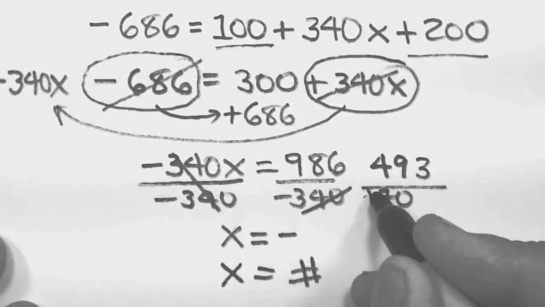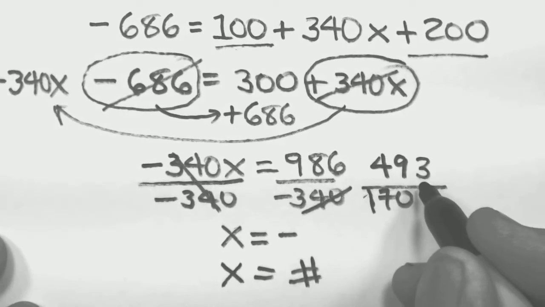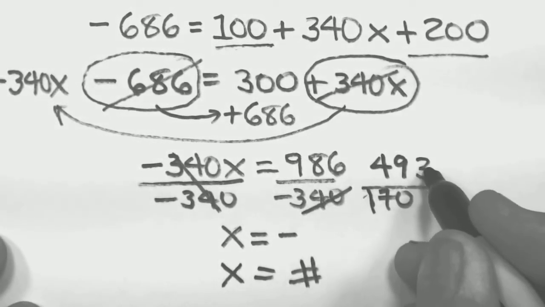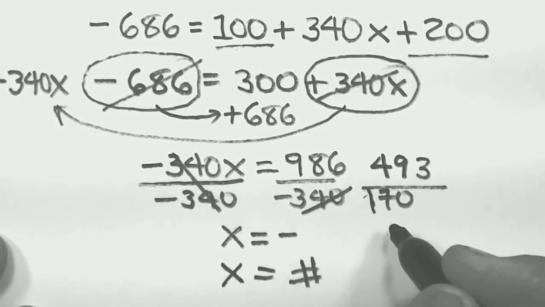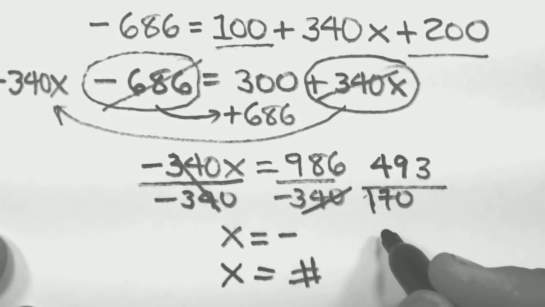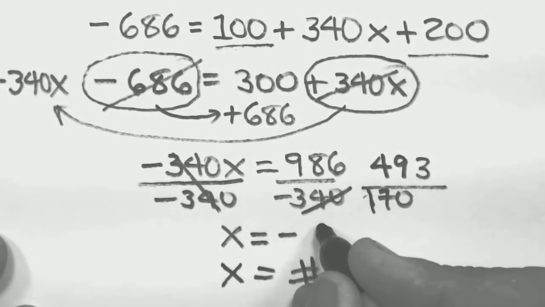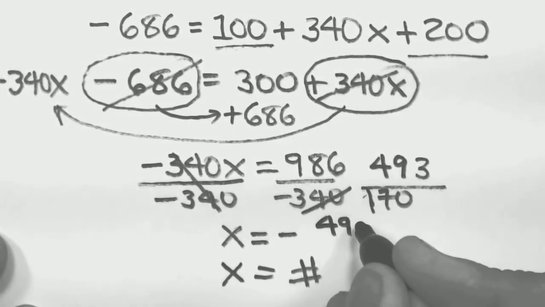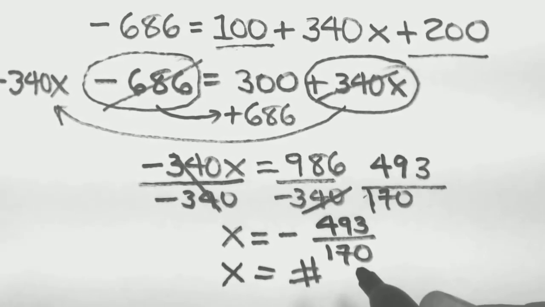I had 170 on the bottom and 493 on the top. Okay, well, guess what? This guy's not even anymore, so we can't reduce by a 2 anymore. And I don't think there are any other things we can probably reduce on this. So I think this is the final answer here. x equals negative 493 over 170.